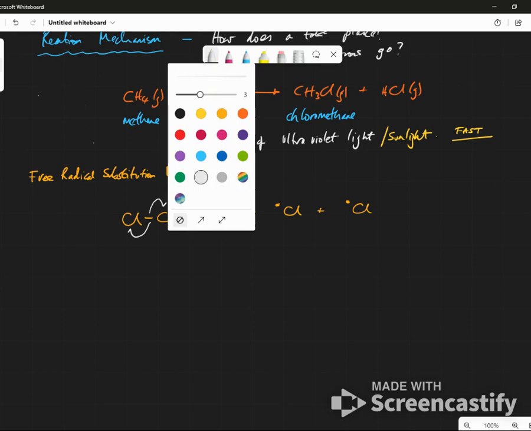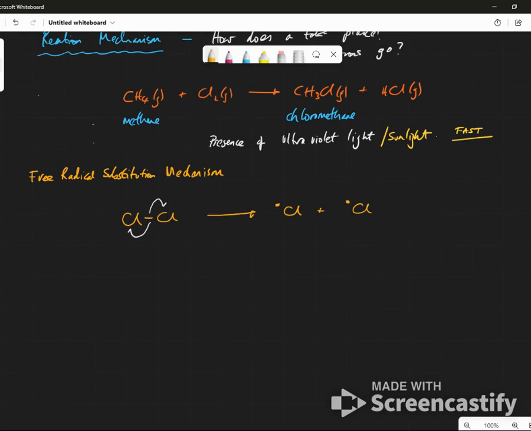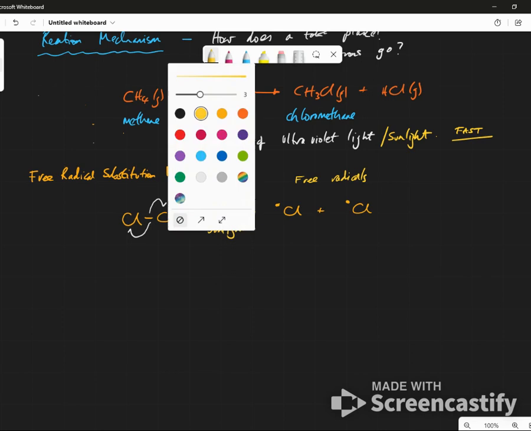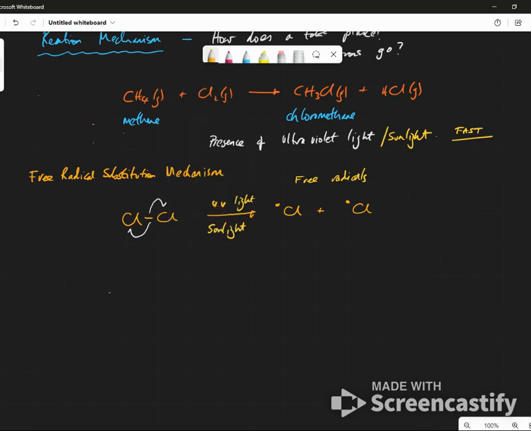This reaction happens in ultraviolet light, or, as we said earlier, in sunlight. And we get free radicals. These are called chlorine free radicals, and there they are. They're very reactive things.